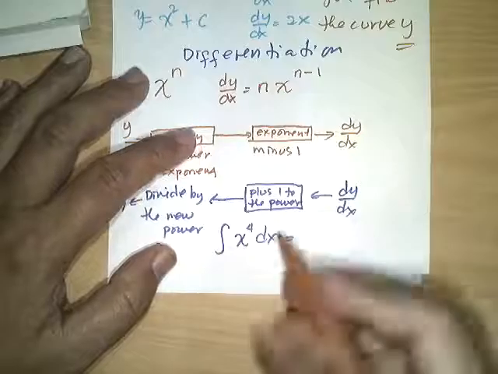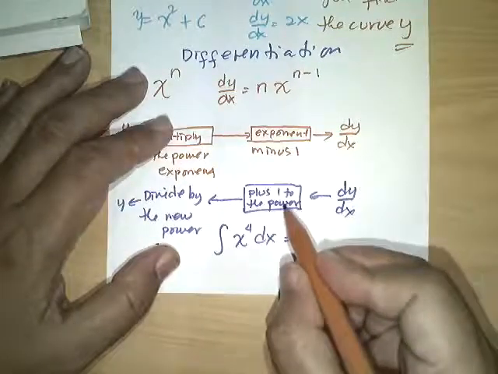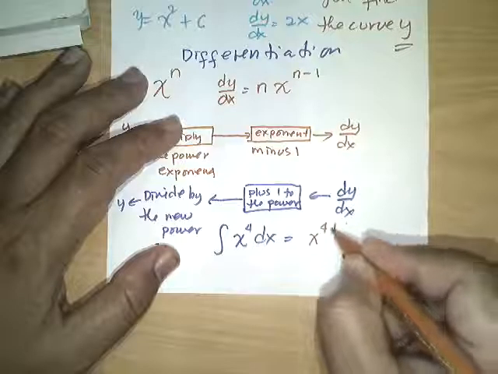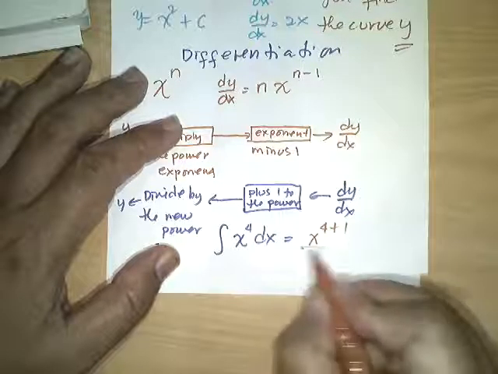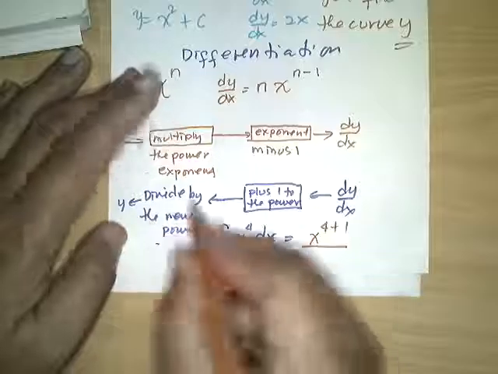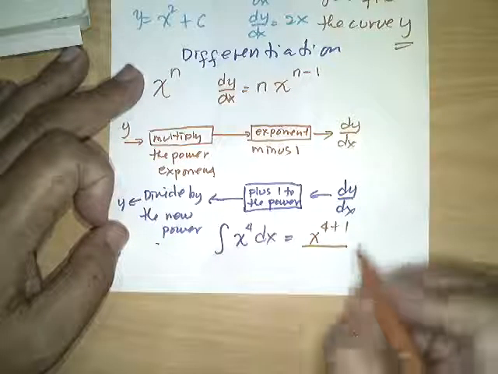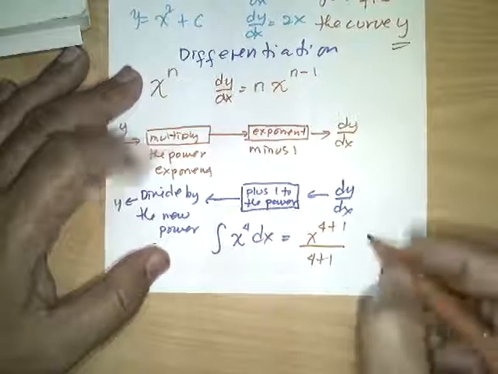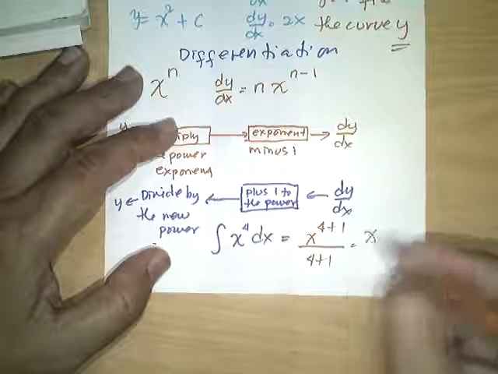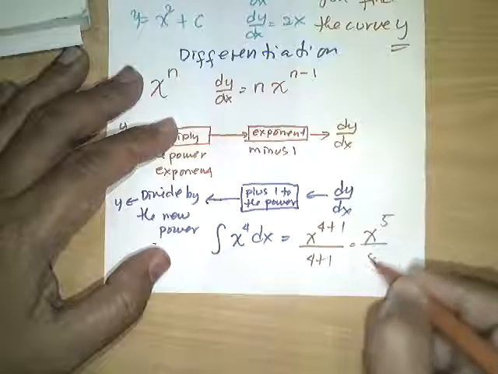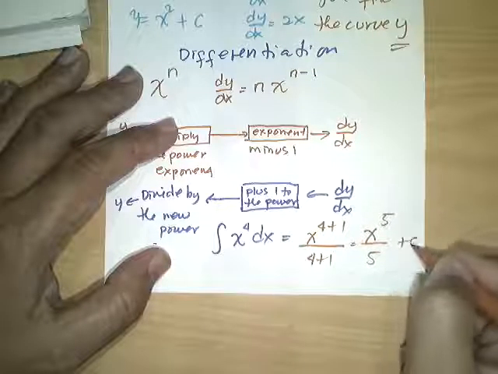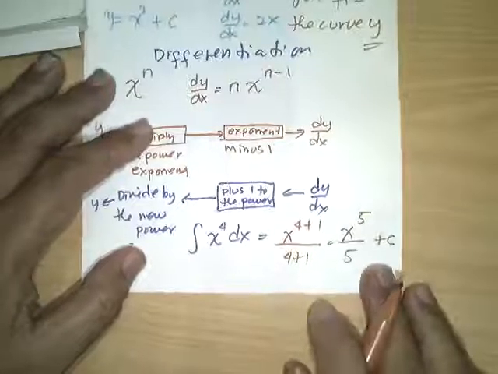We have said that you add 1 to the power. So x to the 4 plus 1, divided by the new power, 4 plus 1. And that's equal to x to the fifth over 5, and then plus c.